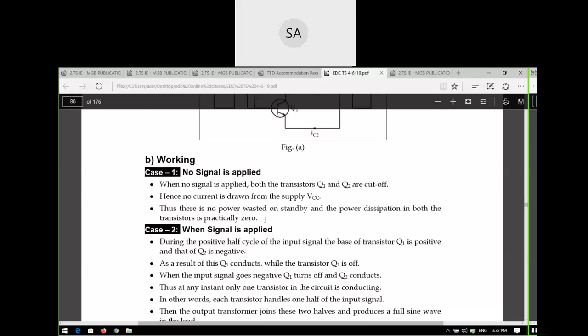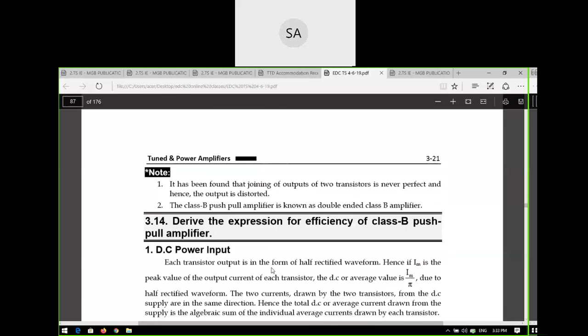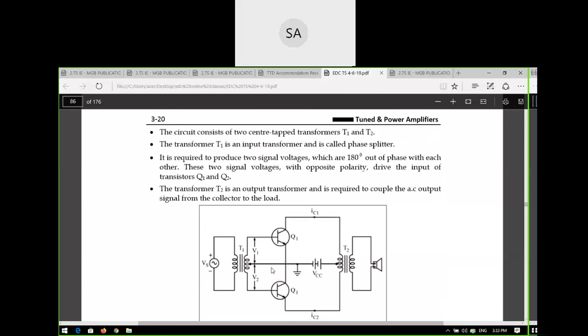Thus at any instant only one transistor in the circuit conducts. In other words, each transistor handles one half of the input signal. Then the output transformer joins these two halves and produces a full sine wave. Is it clear? The input signal produces two signals, V1 and V2, opposite to each other.